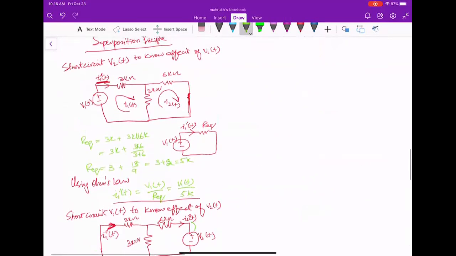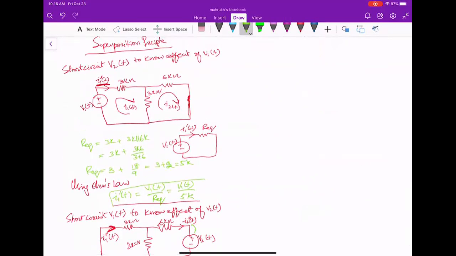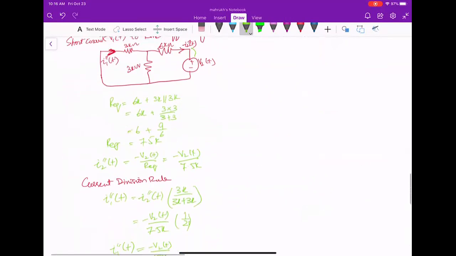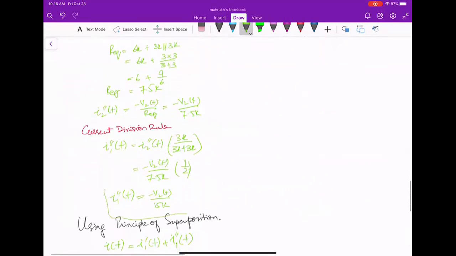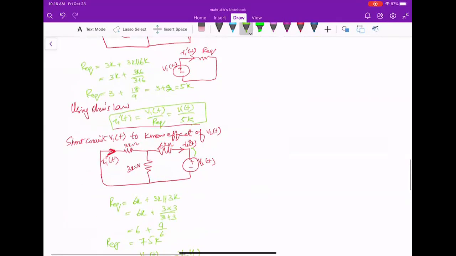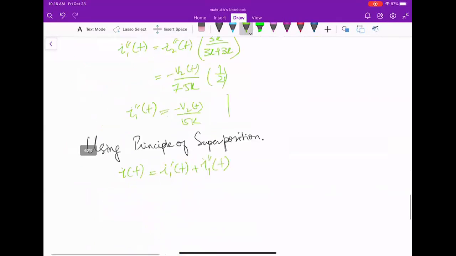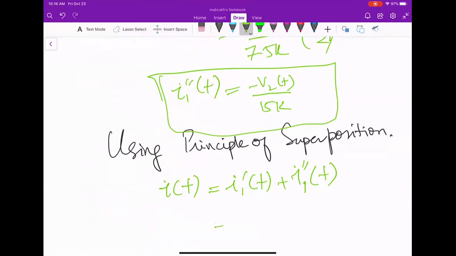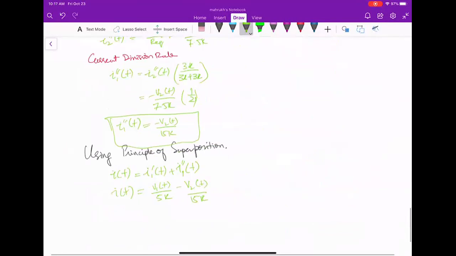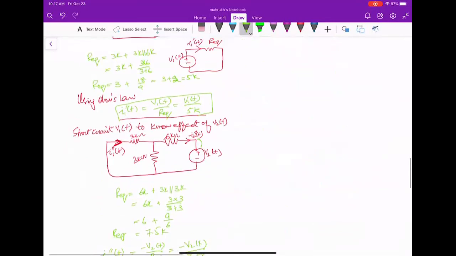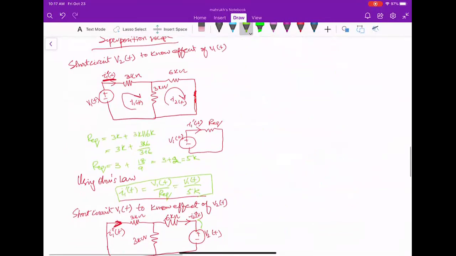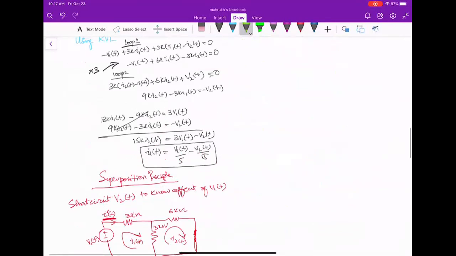This is my I1 dash of t, and this is my I1 double dash of t. I will just add them up and see whether I am getting the same answer or not. So this is V1 of t by 5K minus V2 of t by 15K. Right? So this is the same answer I got here. Sounds good?